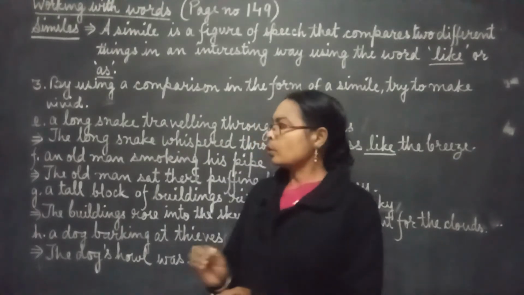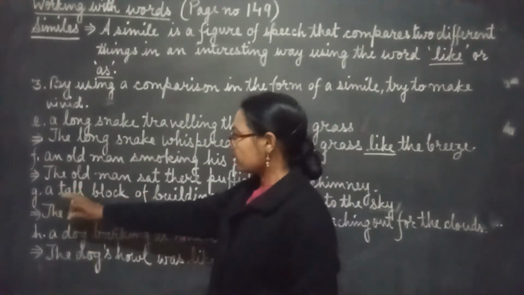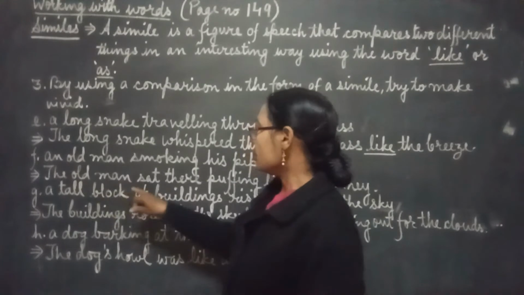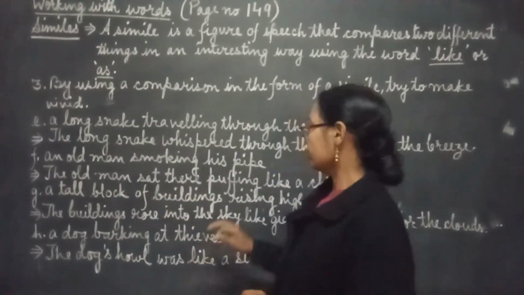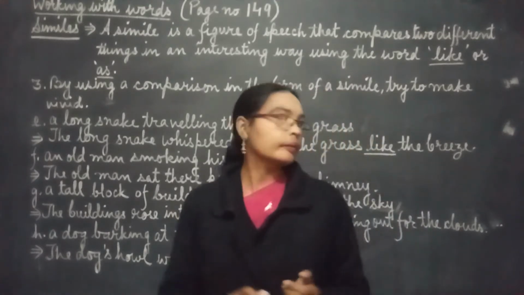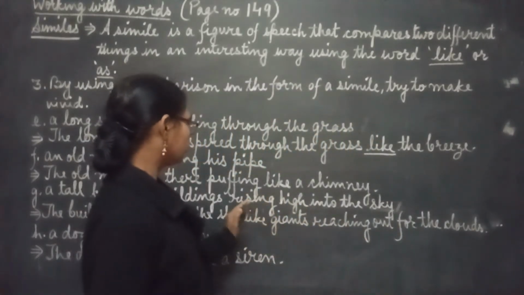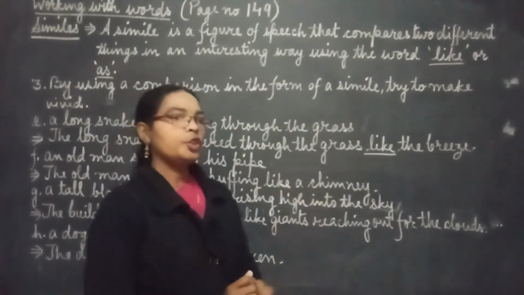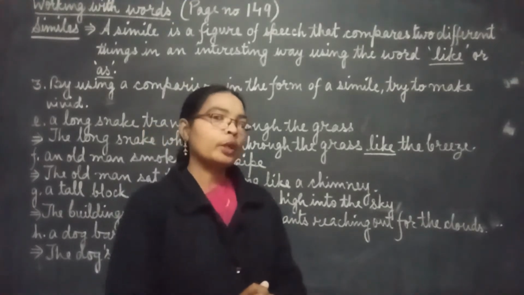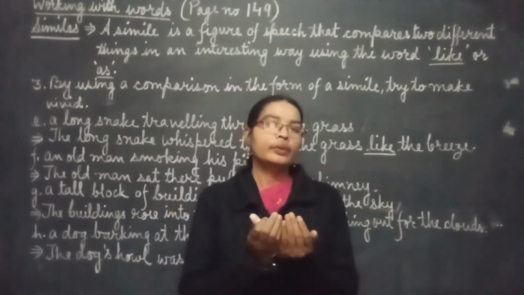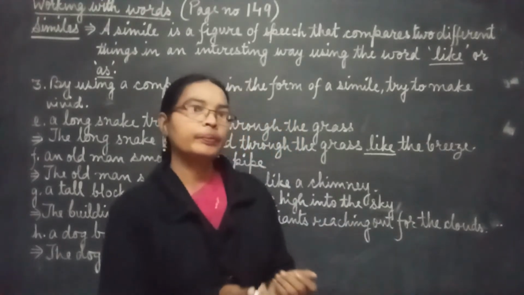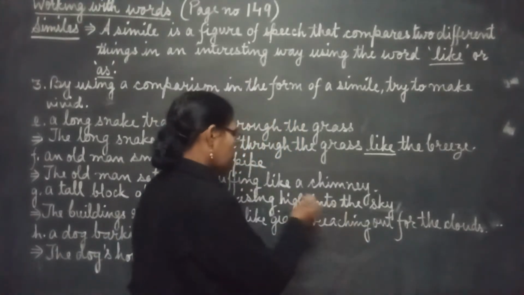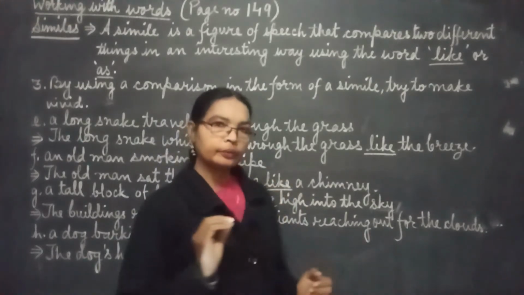So, we have got the sentence. The old man sat there puffing. How? Like a chimney. The smoke is coming in a rush and he is puffing like a chimney. So here the word like we have used.